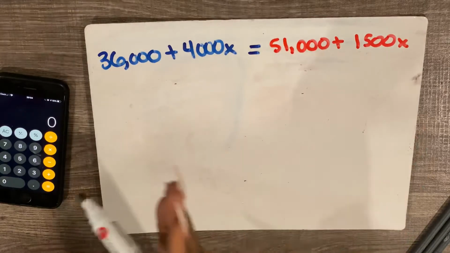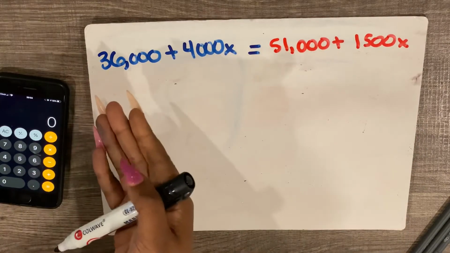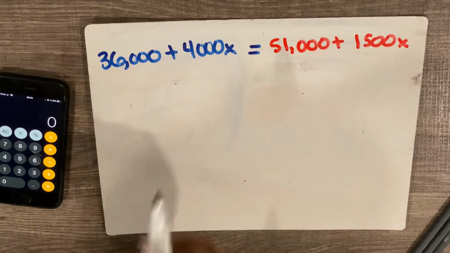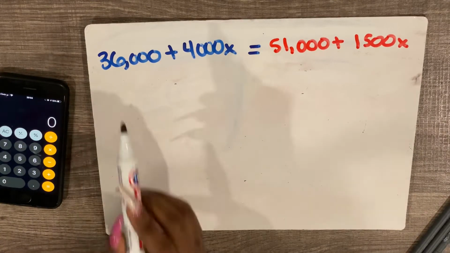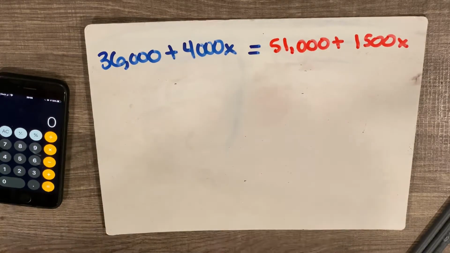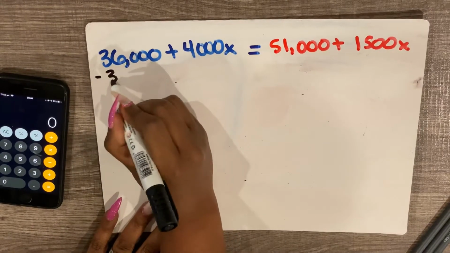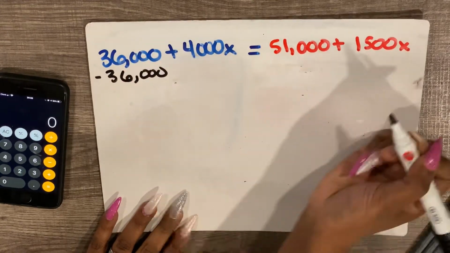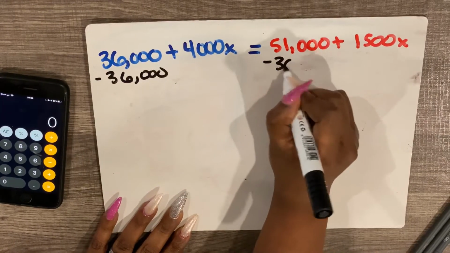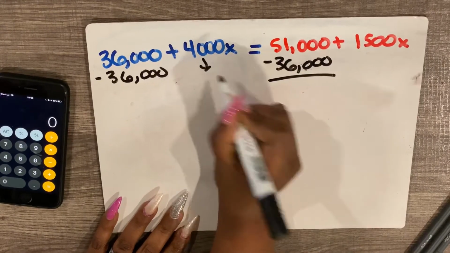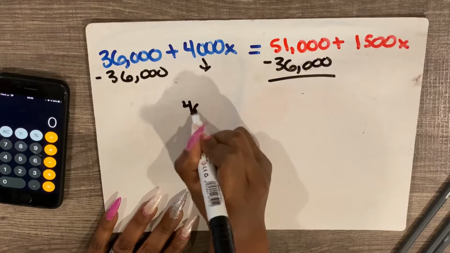Get all of your variables on one side and get all of your constants on one side. So let's start with moving our constants. I'm going to take my 36,000 and bring it over here. So subtract 36,000 from both sides. Those zero out. I bring down what I did not use.